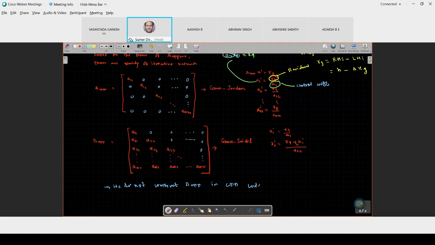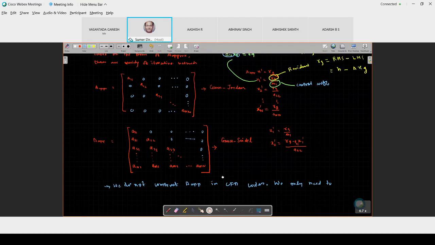So what we do is, we only need to calculate the residual. Please remember this.